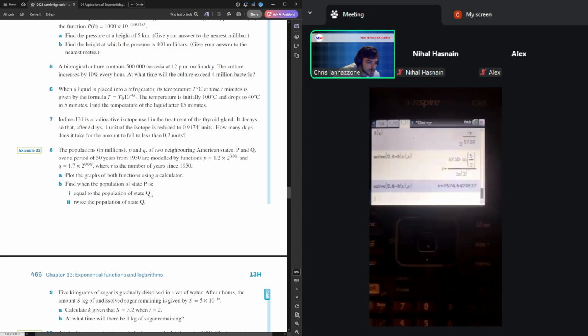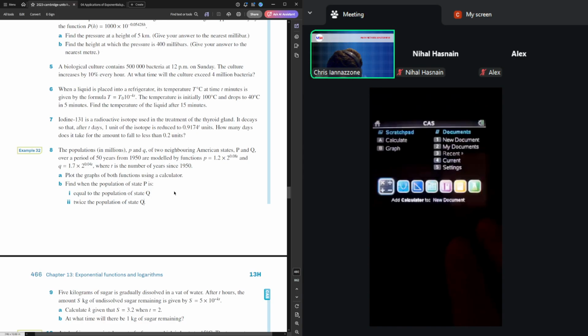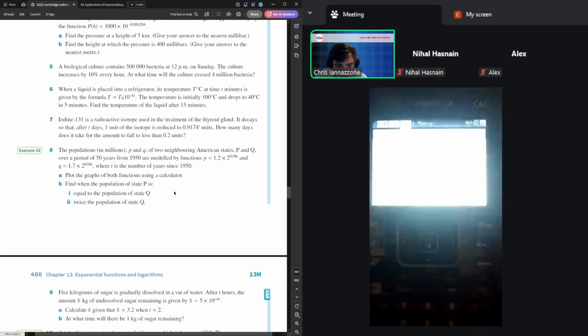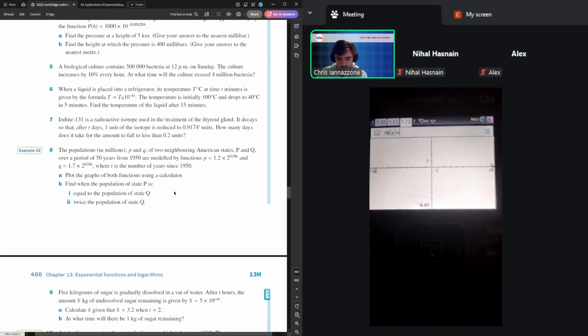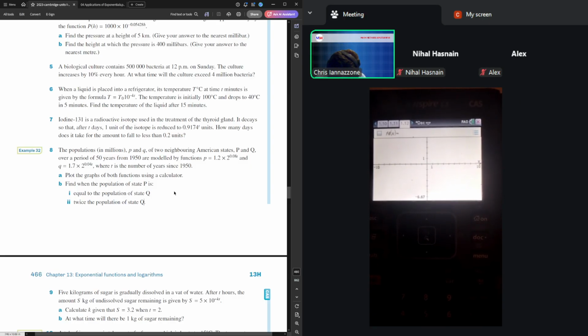And I have a sneaking suspicion that the time it takes to go from 0 to equal is going to probably be more time than going from equal to twice, just because of the growth rate difference being so large. But that's just hypothetical by looking at the way the equation's written. Obviously we'll prove that by plotting it out and solving for it.